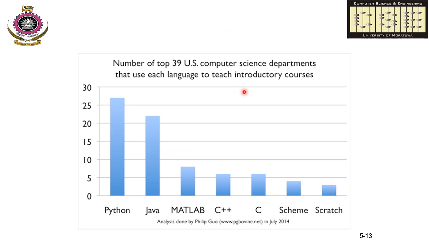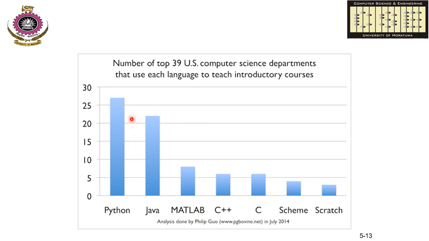Here's an interesting statistic. However, this is from some time back in 2014. The graph tells you the number of top 39 US computer science departments that use each language to teach introductory courses. Even back in 2014, Python was the leading contender for that. After Python, we have Java, MATLAB, C++, C, and so on.